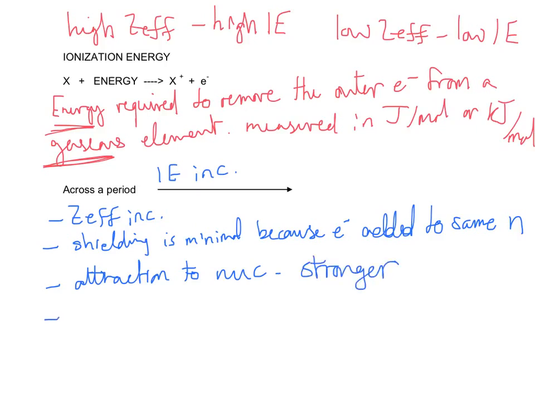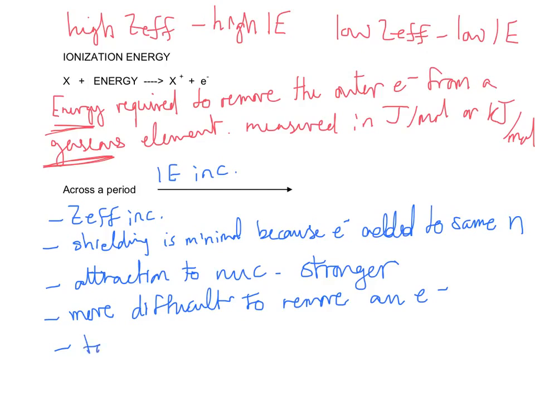And so it is more difficult to remove an electron, and so it takes more energy to remove the electron. By definition, ionization energy is how much energy it needs to remove the electron.